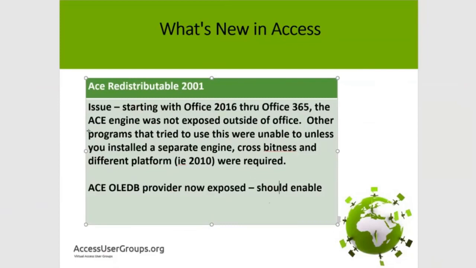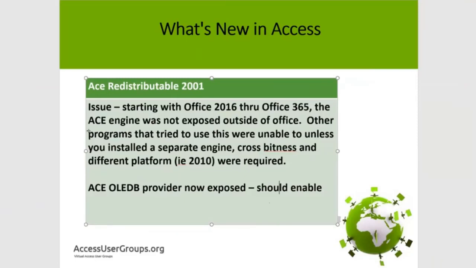When Microsoft published Office 2016, they did not expose the ACE engine outside of Office itself. Prior to that, in Office 2013 and earlier versions, the ACE engine was visible by other products. And this created an issue. Other programs that were trying to use the ACE engine to connect to Access or to do other Access-related things weren't able to use that engine.